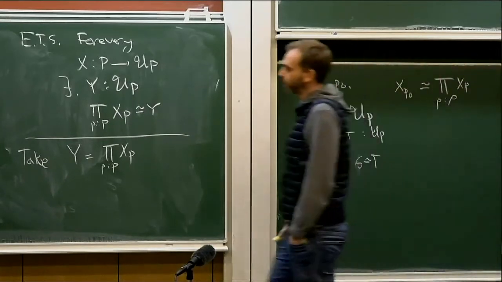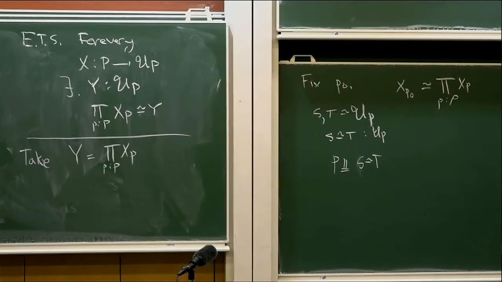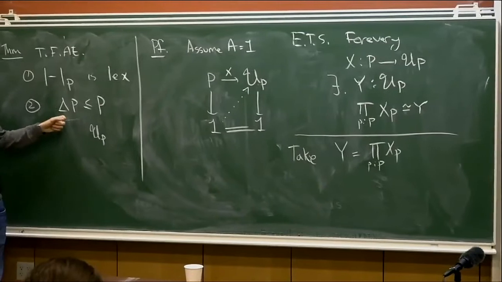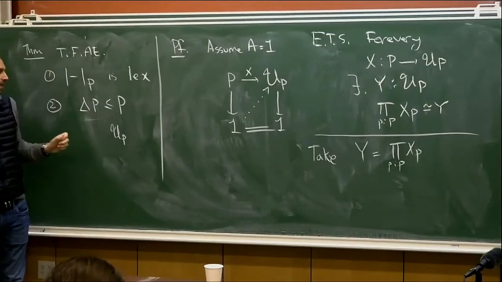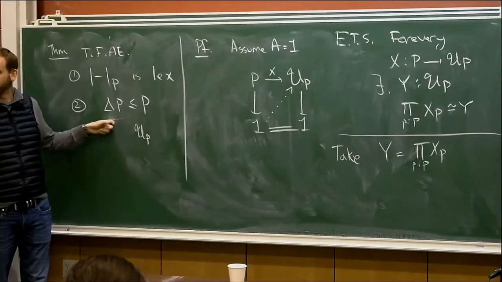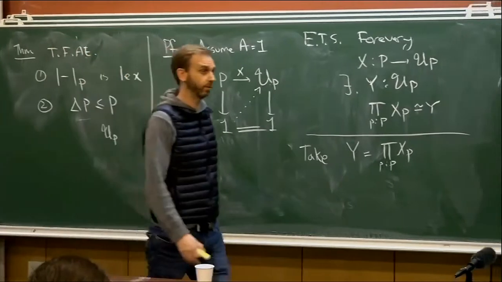But an equivalent characterization of this relation, just by playing with the notions of orthogonality, is that Q is less than P if every type which is orthogonal to P is also orthogonal to delta P. That's just playing with the orthogonality relation.